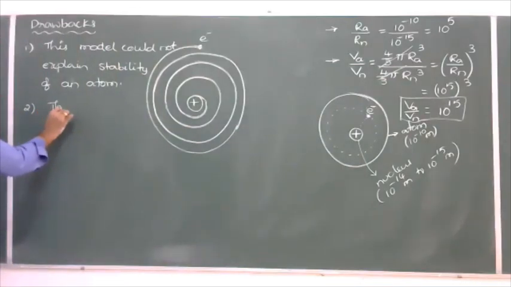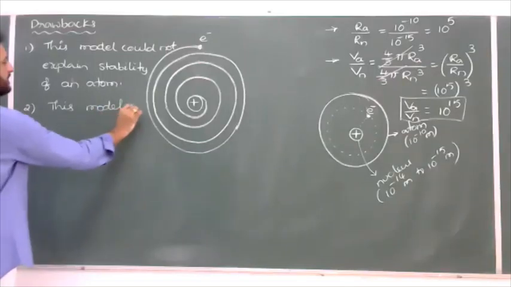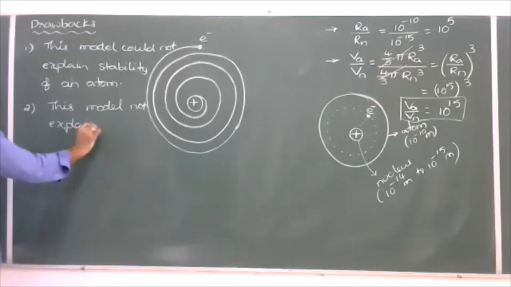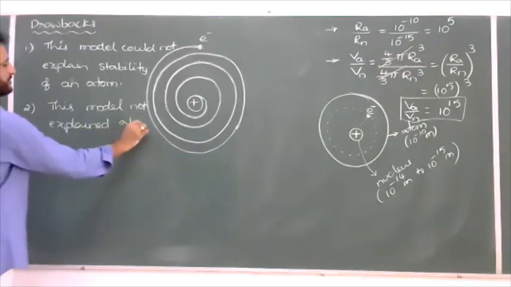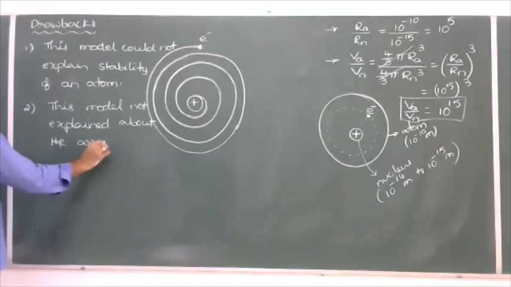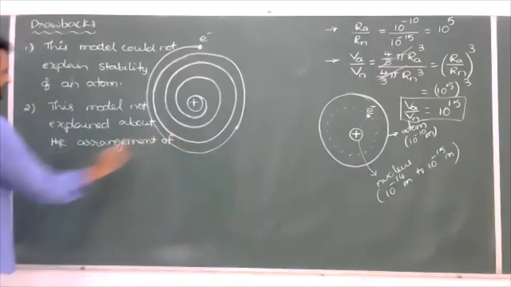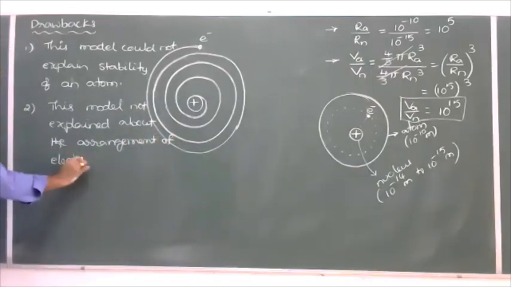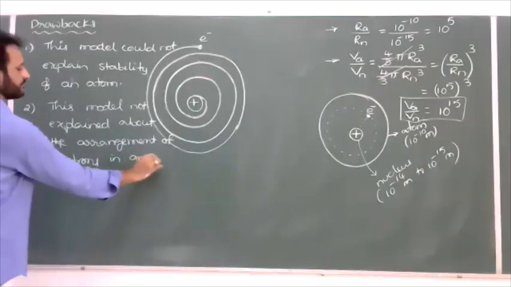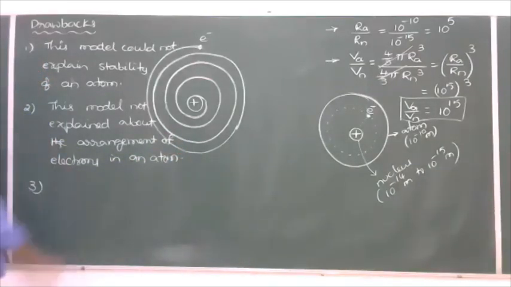This model did not explain the arrangement of electrons in an atom. That is the second drawback.